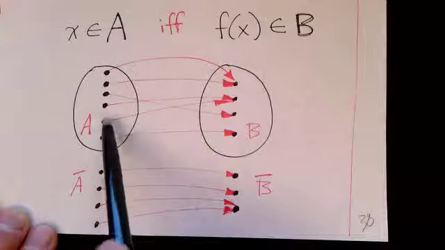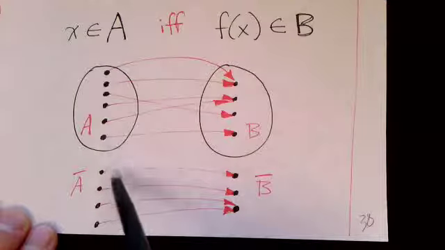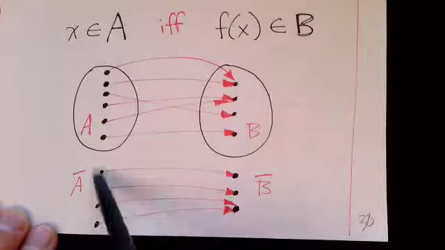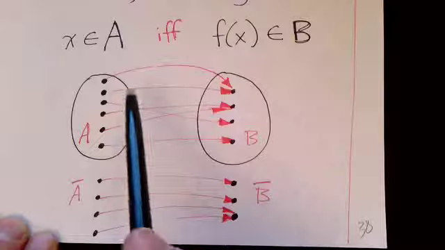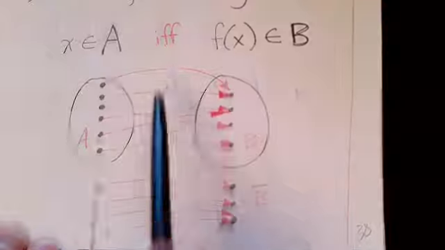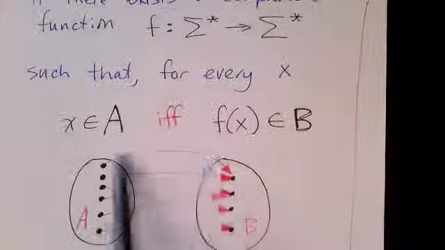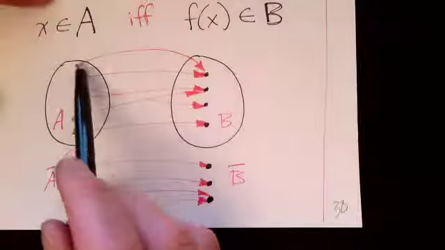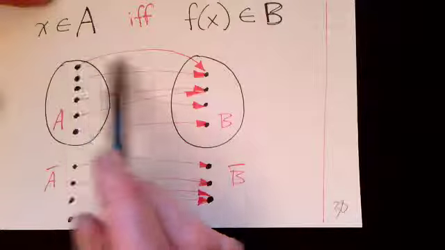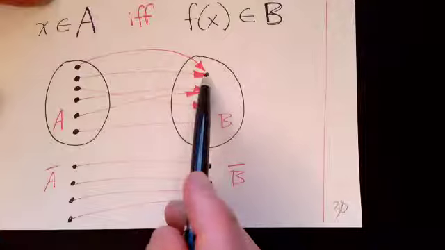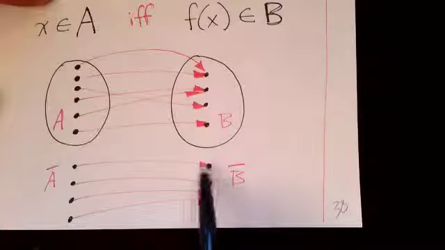These are the instances for which the answer is yes, and these down here are the instances of the problem for which the answer is no. And so a reduction exists if there's a function, or the reduction is the function, that has this property. So we're looking for a function that is computable. In other words, we can do it without looping infinitely, that will take elements that are in A to elements that are in B, and elements that are not in A into elements that are not in B.